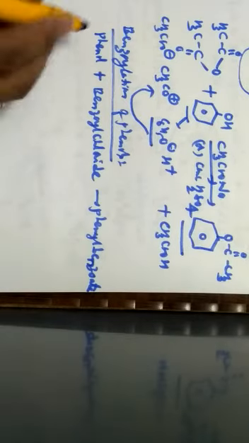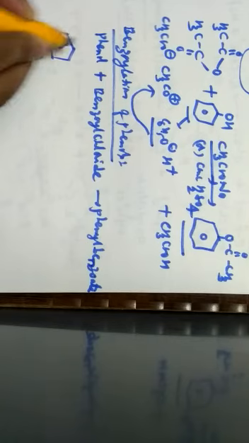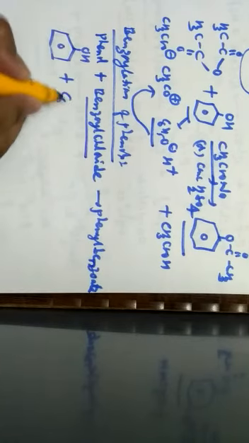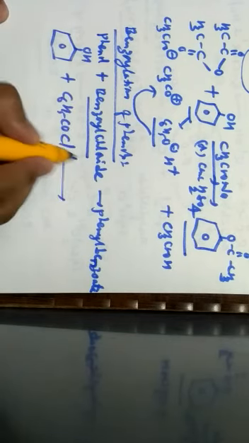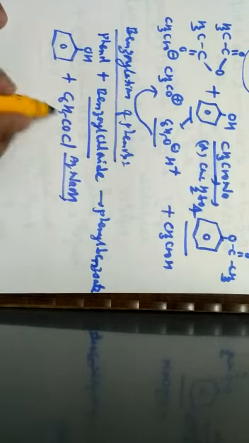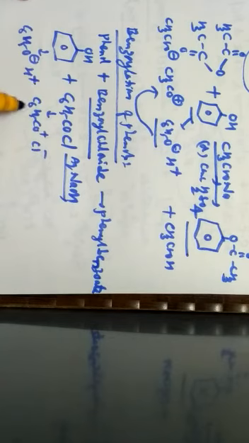This can be explained by a chemical reaction. When phenol is made to react with benzoyl chloride, which is given by C6H5COCl, in the presence of an alkali, that is aqueous NaOH, this ionizes as C6H5CO plus as well as Cl minus, and we know that phenol ionizes as C6H5O minus and H plus.